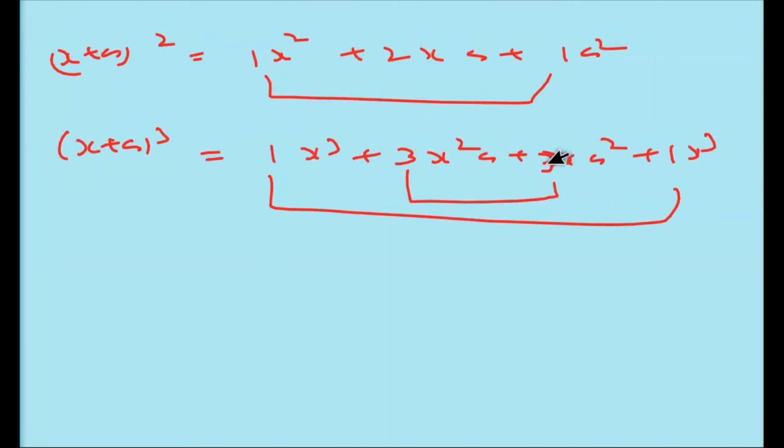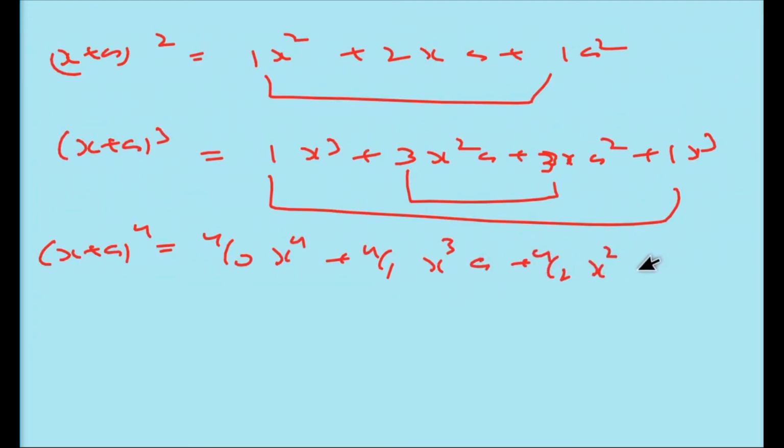So in the binomial theorem, if we expand the fourth power, we get 4c0 x to the power 4 plus 4c1 x cube a plus 4c2 x square a square plus 4c3 x a cube plus 4c4 a to the power 4.